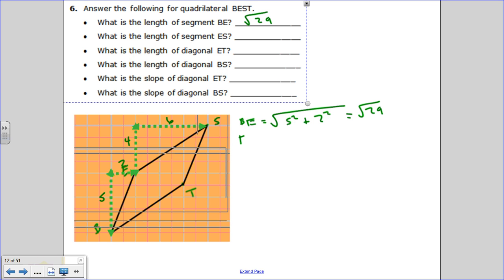So ES is equal to the square root of 4 squared plus 6 squared, which is 16 plus 36, which would give us 52.